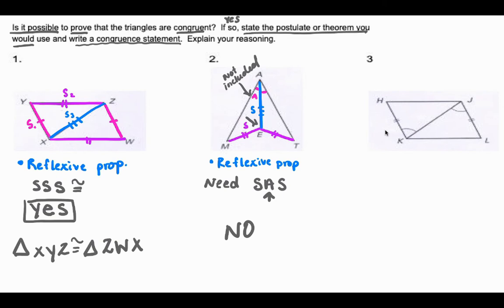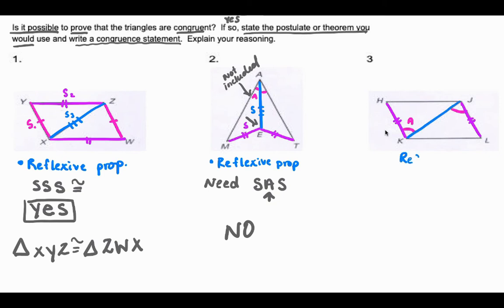Next question, we look at our information. So we have that set of marked angles. We have our double marked sides that is given to us. And just like the two previous questions, we have that shared side.